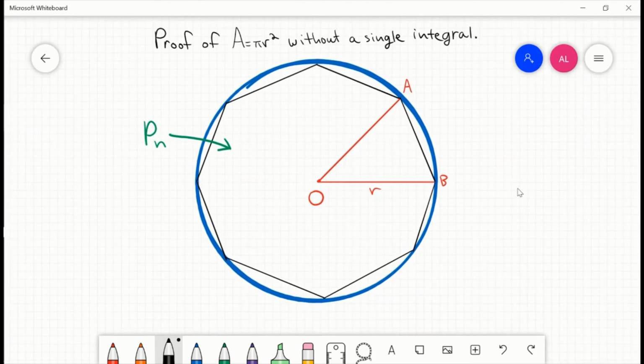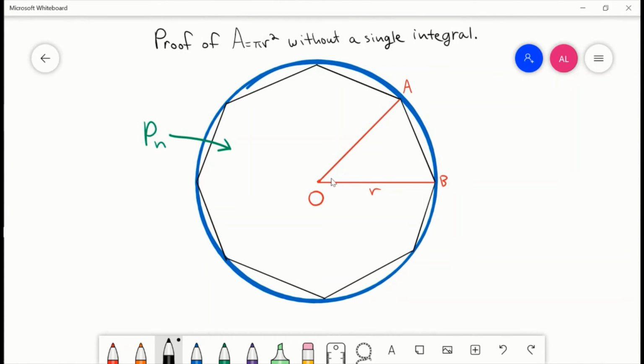So now what we're going to do is draw this triangle right here. And this triangle will be defined by one of the sides of the n-gon and two radii drawn from the center of the circle to the vertices on that side.